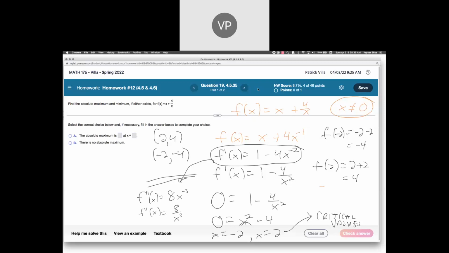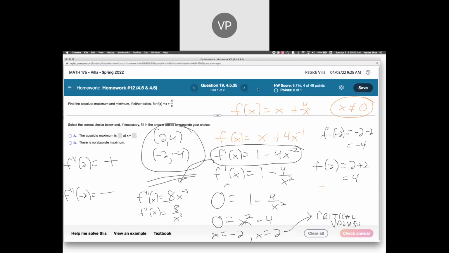Okay, so what I find is if I set that equal to 0, I have no inflection points. I don't care about inflection points. I want to know what happens when I plug those two in. What happens when I plug in 2 to the second derivative? What happens when I plug in negative 2 to the second derivative? And sure enough, that becomes a positive number. That becomes a negative number.